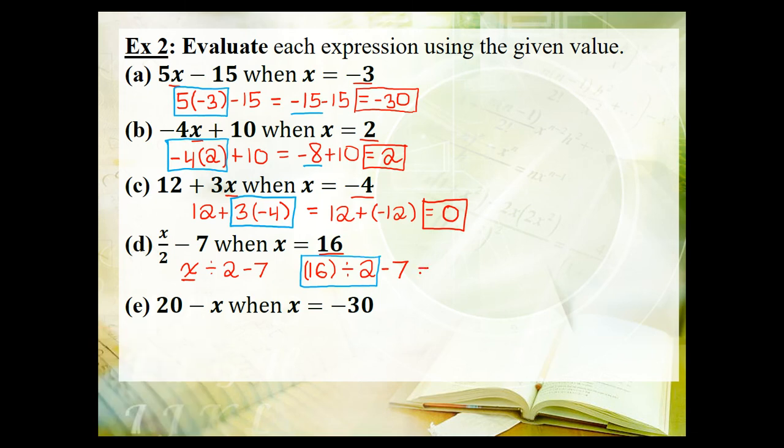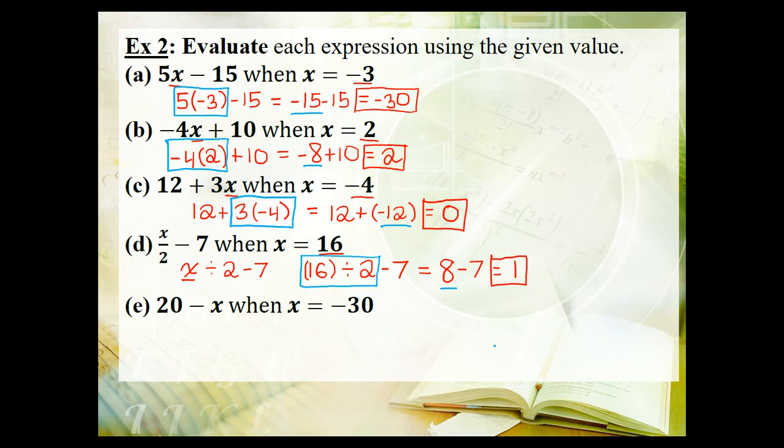And then this would be equal to 8, minus 7. And then 8 minus 7 would just be equal to positive 1. Okay, box that answer. Again, 16 divided by 2 gives you the 8 here. And up here, the 3 times the negative 4 actually gave you the negative 12.